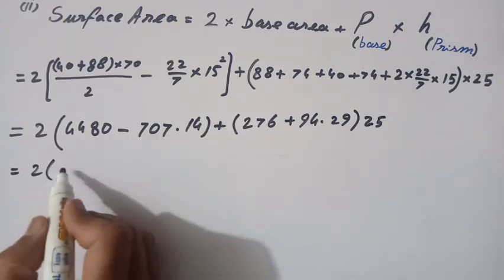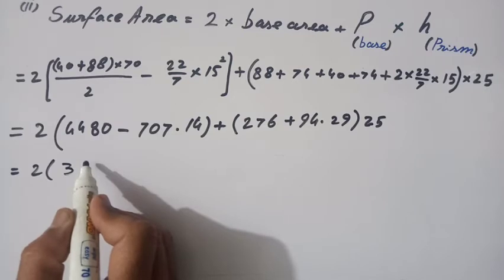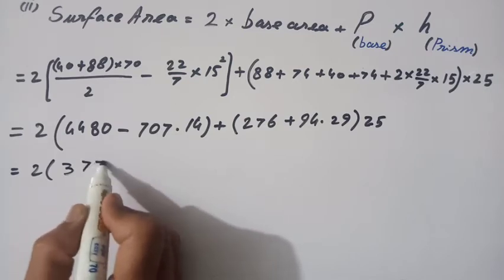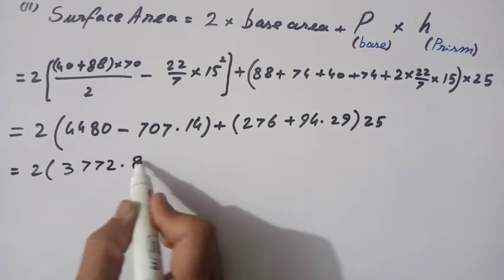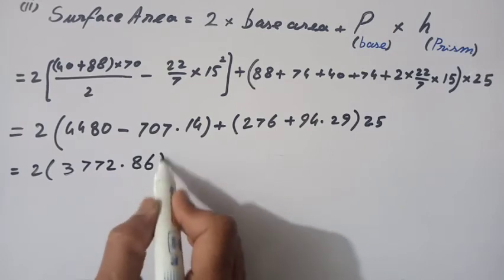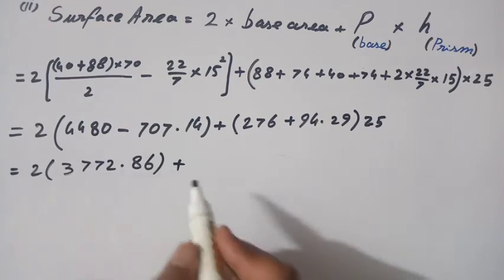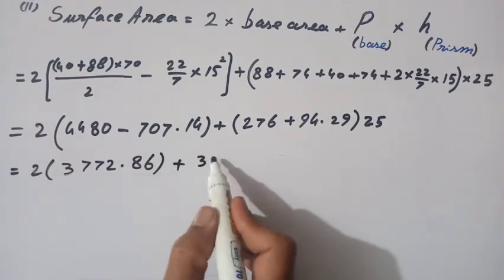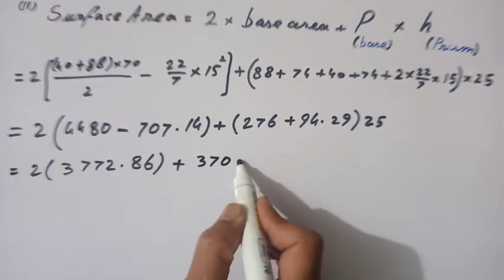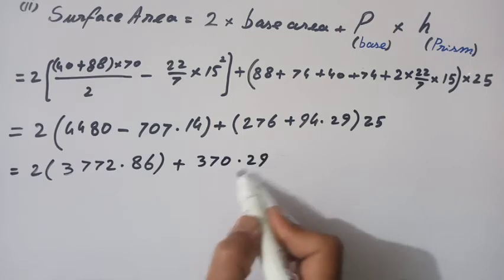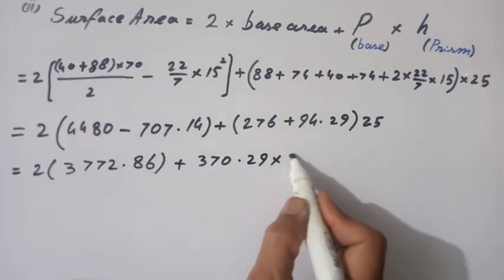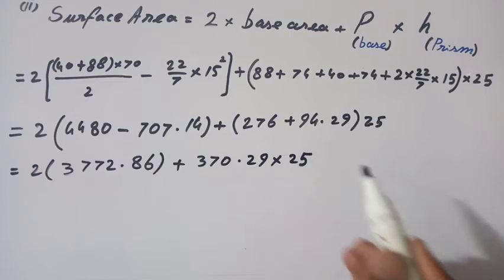इनका डिफरेंस आ जाएगा 3772.86 प्लस इन दोनों को हम सम अप करें तो it becomes 370.29 in multiplication with 25.